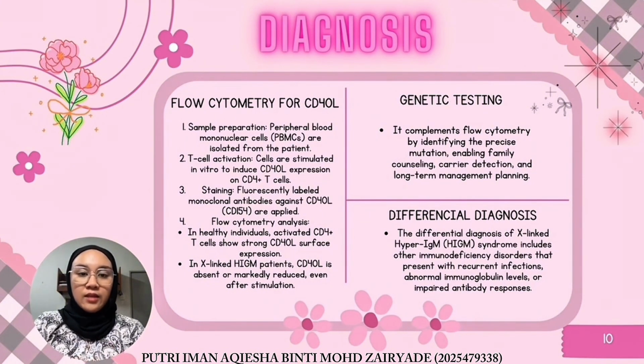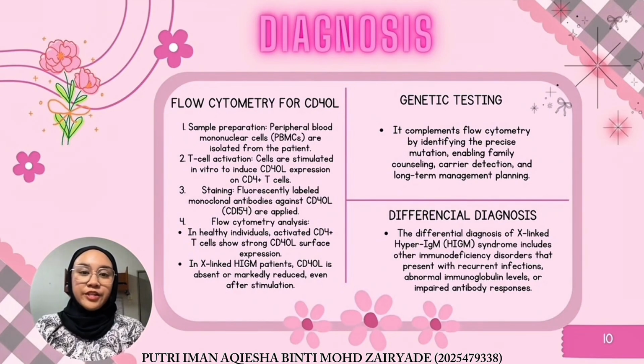At the end, flow cytometry gives us results: in healthy individuals, activated CD4 positive T cells show strong CD40L surface expression. Meanwhile, in X-linked hyper-IgM patients, CD40L is absent or markedly reduced even after stimulation.